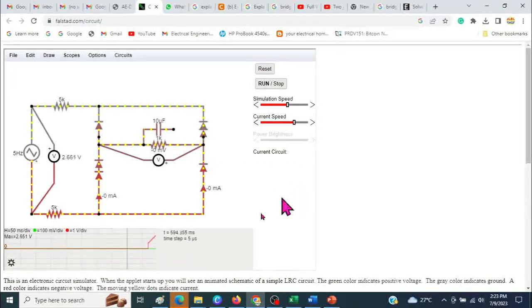Now, since it is the positive peak, this is top positive and bottom negative, none of the diodes are conducting. They're all in the reverse bias case. Now we're going down, and the moment this crosses 0, you can see there will be some flow of current. Now let me just slow it down a little bit.